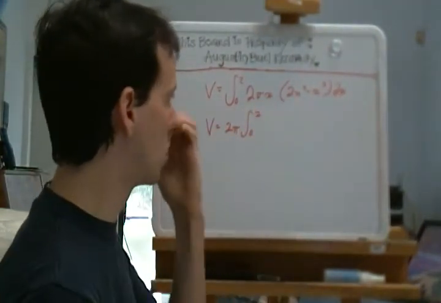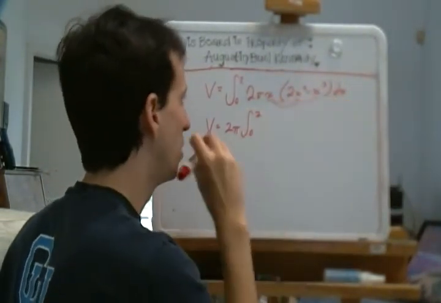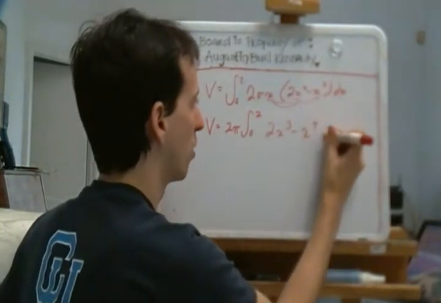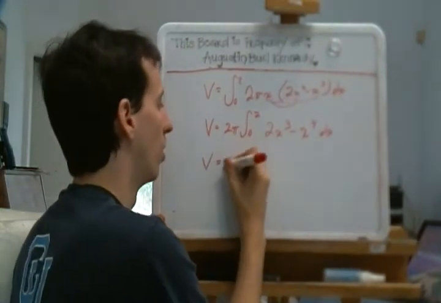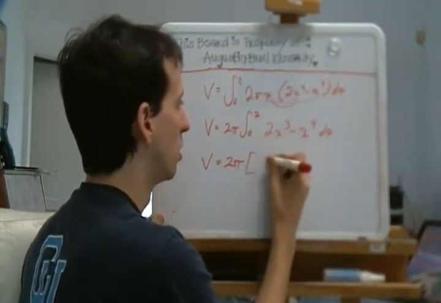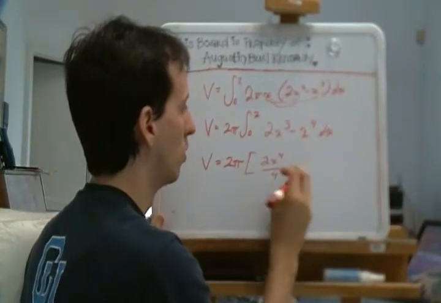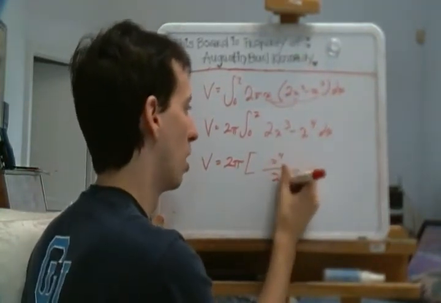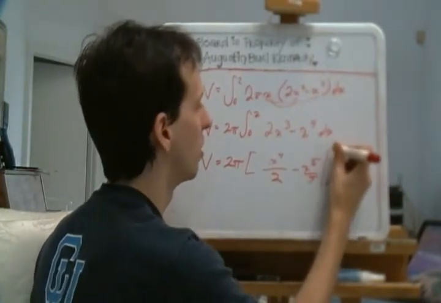But let's go a step further. Let's distribute this x through the parentheses. And we get 2x cubed minus x to the 4th dx. And once again, we have a very easy integral. 2 pi times 2x to the 4th over 4, which is actually going to be x to the 4th over 2, minus x to the 5th over 5 between 0 and 2.